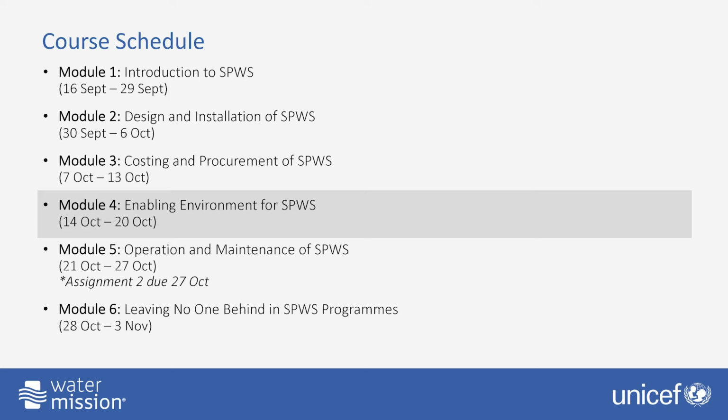This module explores the factors beyond technical design and installation that influence sustainable service delivery with solar-powered water systems. We will introduce you to conceptual frameworks and practical recommendations which can be utilized to inform programming that utilizes solar pumping solutions in your own professional context.